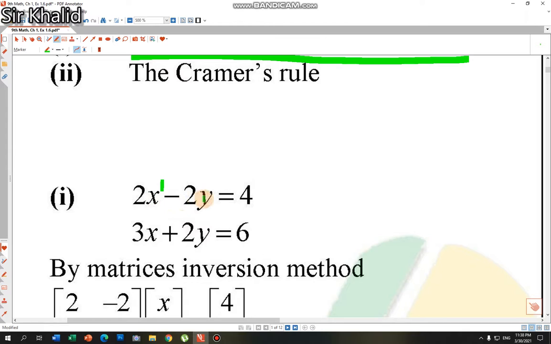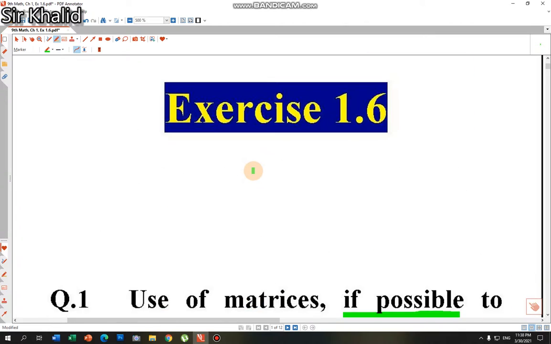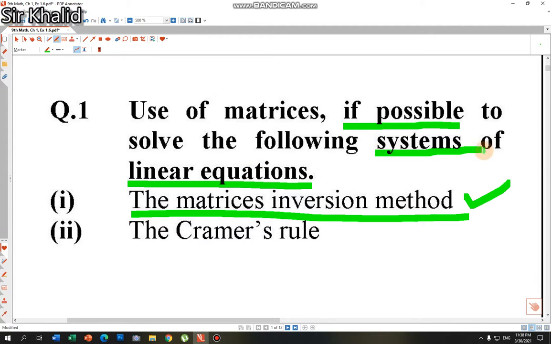The degree of x and y both are 1. 3x plus 2y is equal to 6. Here same. The exponent of both variables x and y is equal to 1. That is why they are called systems of linear equations.